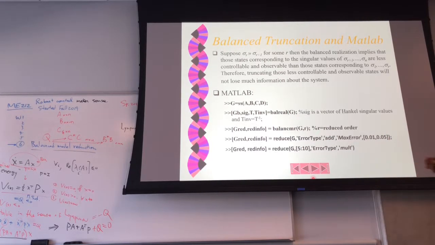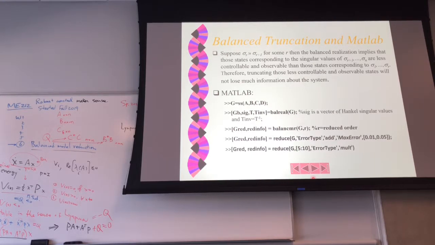And they can automatically tell you those truncated ones, and will result how big the mismatch between the reduced model and the balanced realization model.